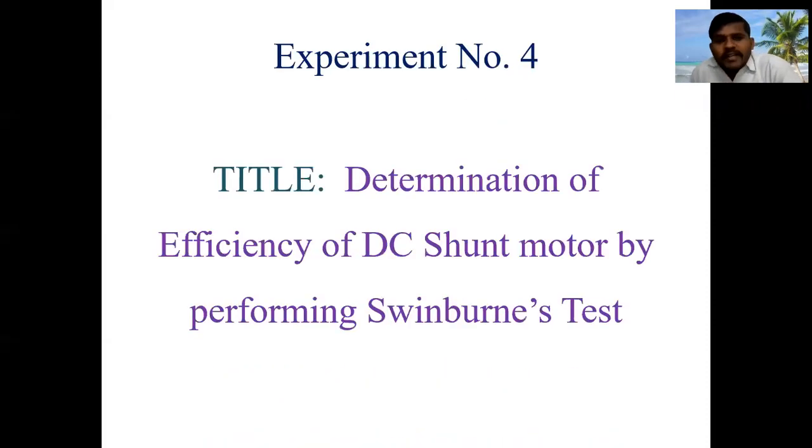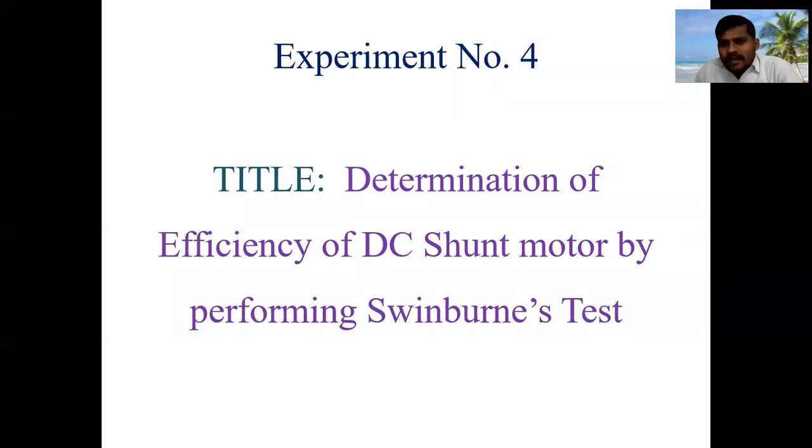Now today we will discuss the next practical, that is experiment number 4. The title of that experiment is determination of efficiency of DC shunt motor by performing Swinburne test. We have already discussed this testing in theory also, in unit number 3.